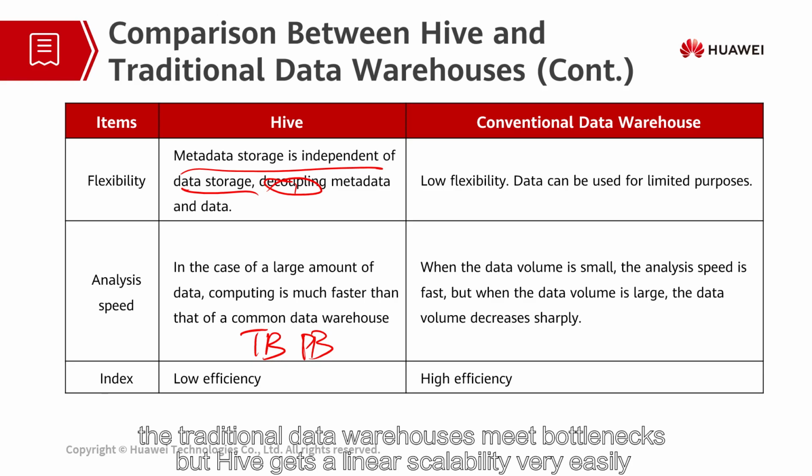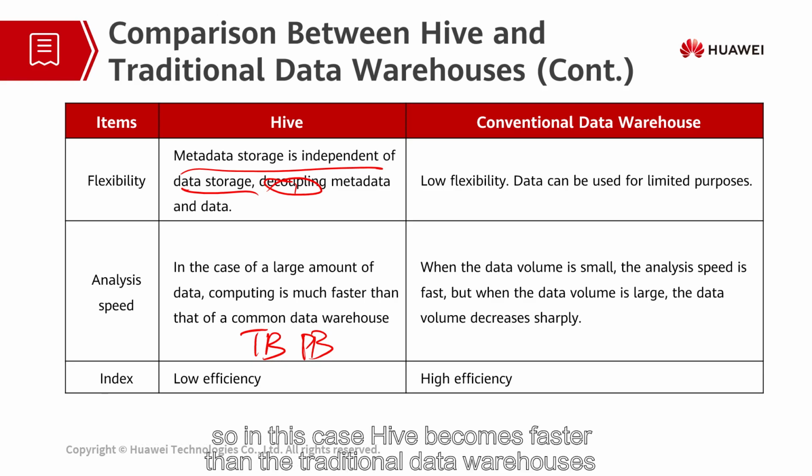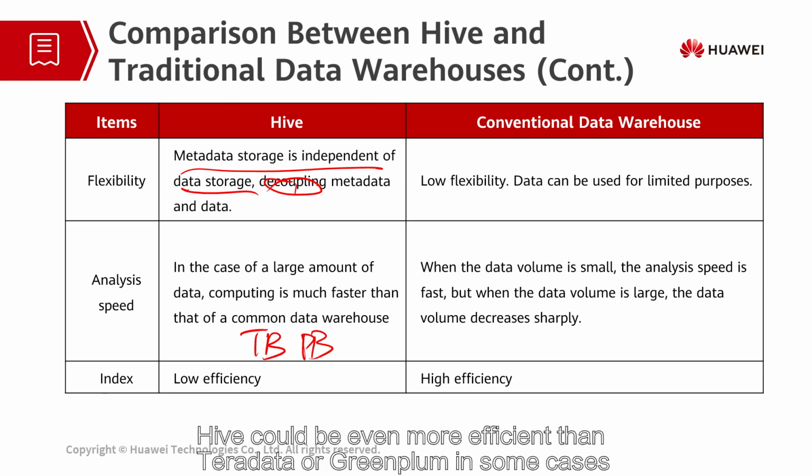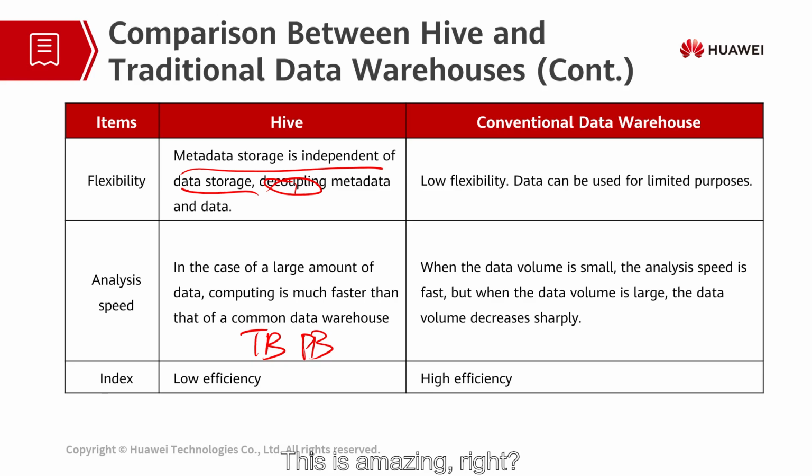But Hive gets a linear scalability very easily, so in this case, Hive becomes faster than the traditional data warehouses. Therefore, for application scenarios with a huge amount of data, Hive could be even more efficient than Teradata or Greenplum in some cases. This is amazing, right?